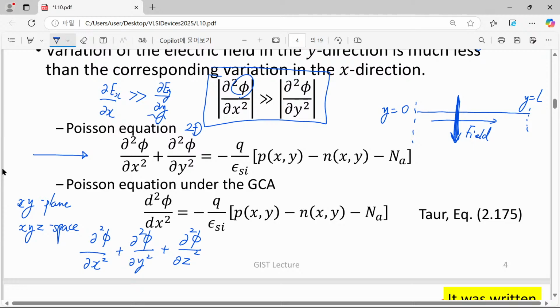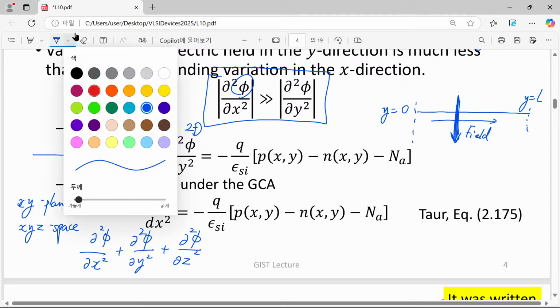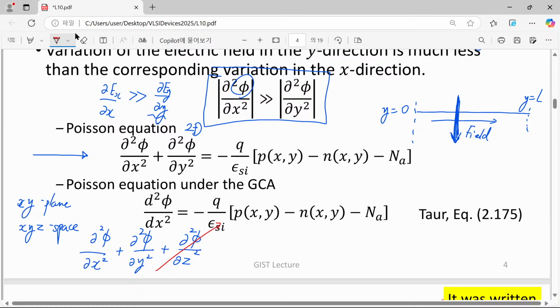But why don't we have this third term? The third term can be neglected quite safely because we have assumed that every quantity is just homogeneous along z direction, so we don't have to worry about this quantity. It's okay. But the remaining ones, yes, now we have two terms.